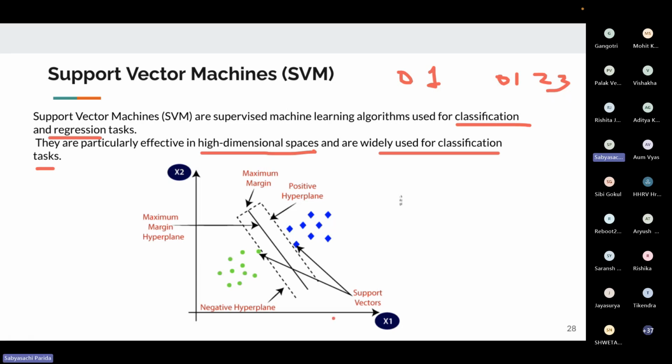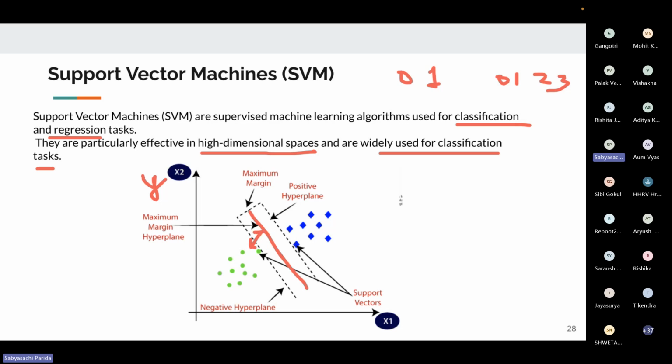Suppose this is my x and this is my x2; in place of x2, you can also keep it as y. Suppose the blue boxes belong to one class and the green dots belong to the other class. I am trying to find a plane which can separate my two classes effectively. To find this plane, what should be my objective?